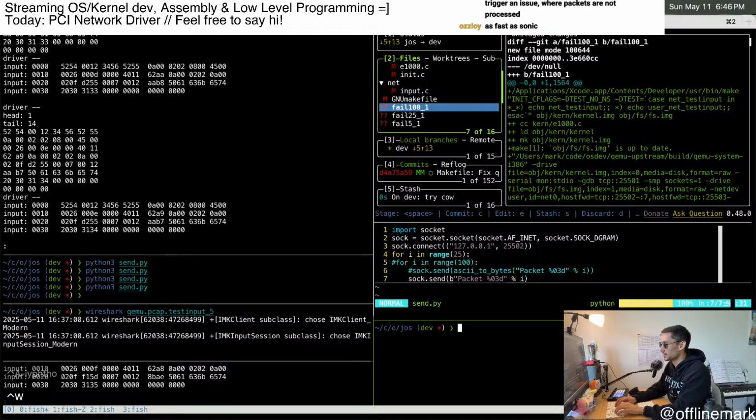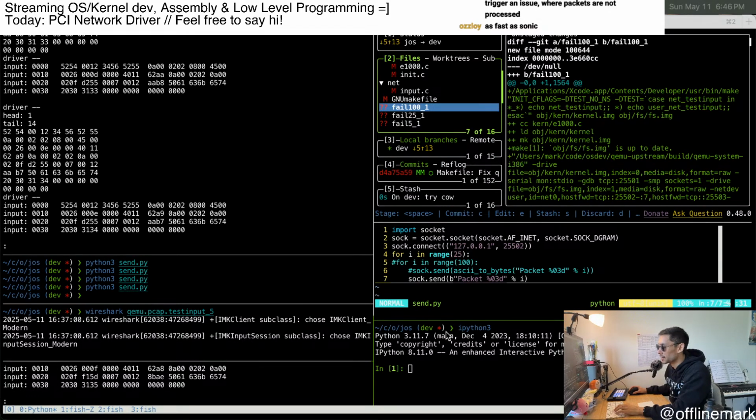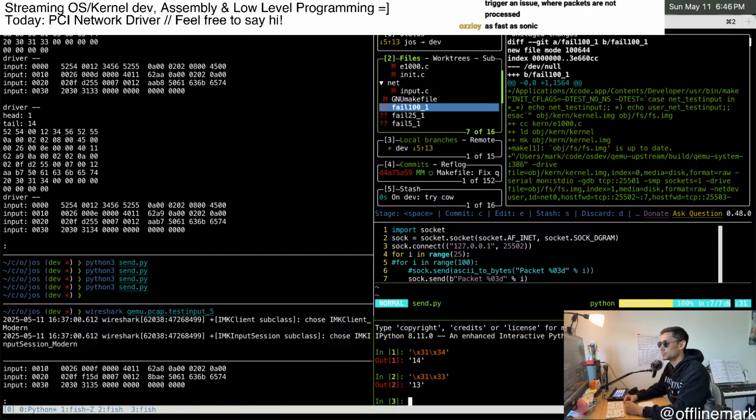IPython 3. I don't know if you can see this, okay, yeah. What is 14? Right, and so I think it did not actually help because we're trying to write 25 and all we got was 14.